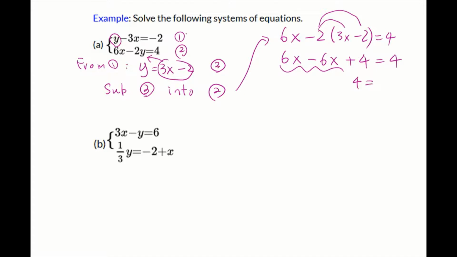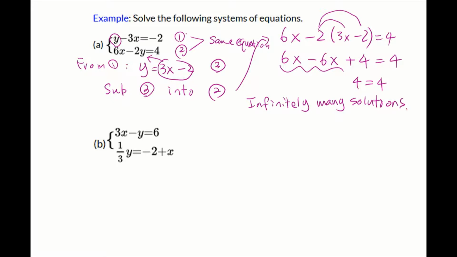4 equals 4. So what does it mean, 4 equals 4? This means that equation 1 and 2 are the same equation. So this means we will have infinitely many solutions.